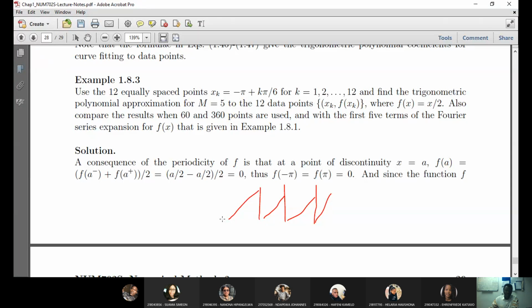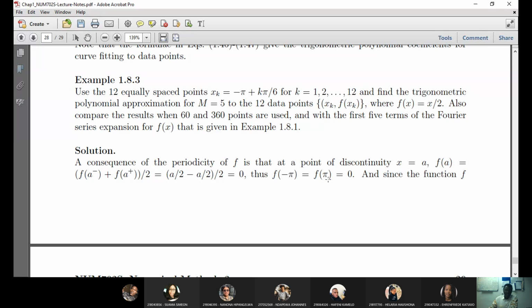Obviously, 0. Why? Because the value here and there are opposite, right? So if you add them up, it will cancel out, it will give you 0. And it will give you the average. The average is 0, obviously. So at the point of discontinuity, the value of the function is 0.